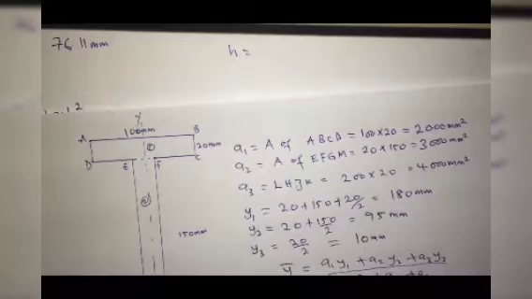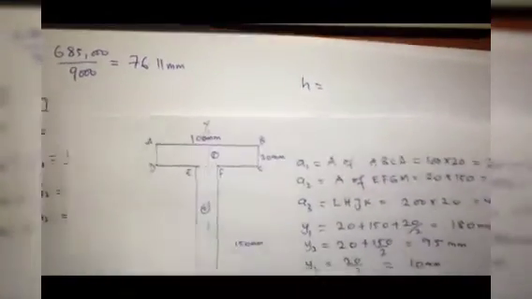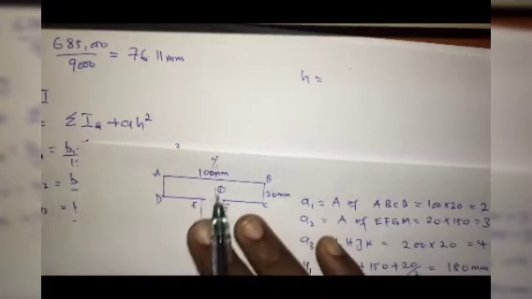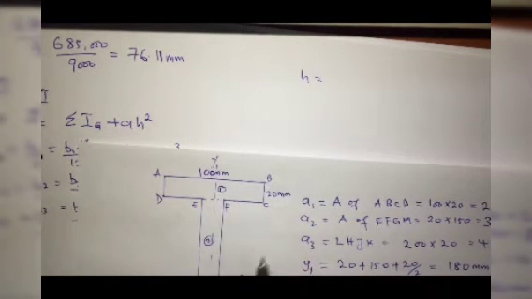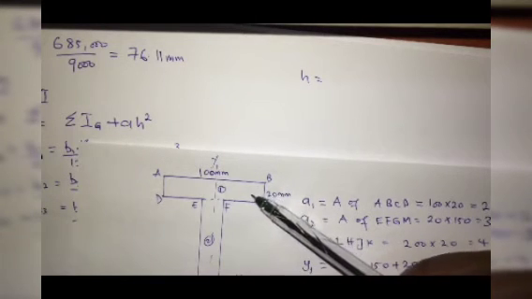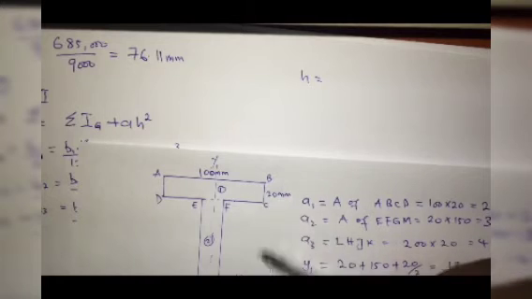These are the individual moments of inertia. The next thing is to get the H, and we know that H is the difference between the centroid of the whole section and the centroid of each shape.